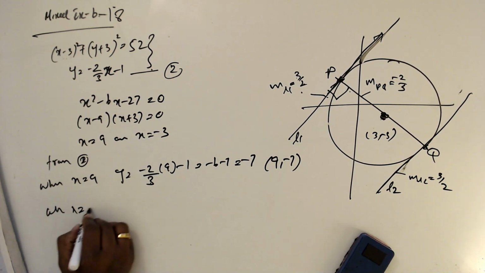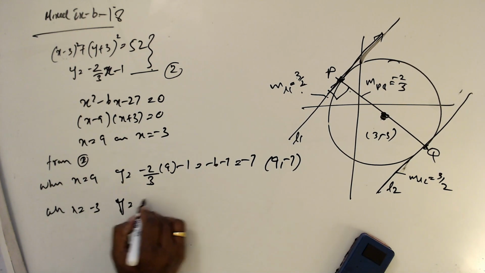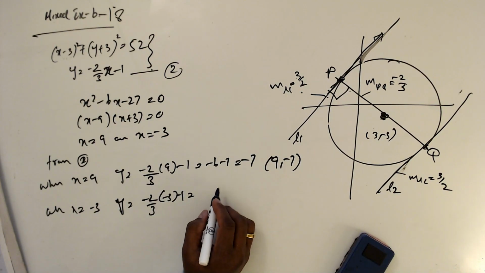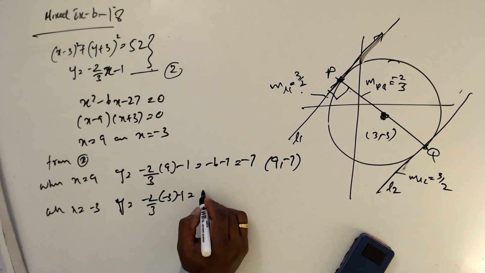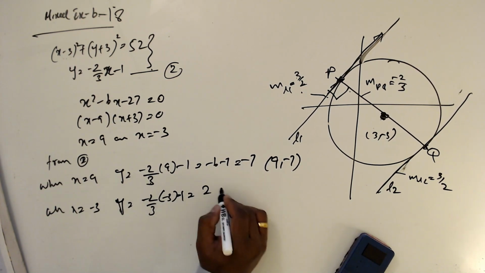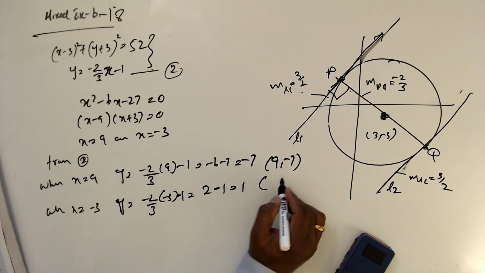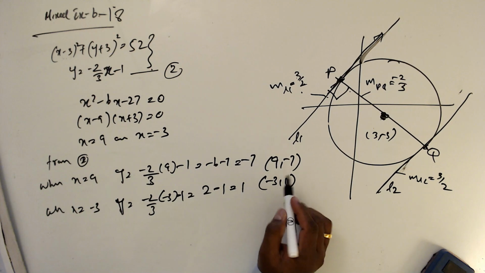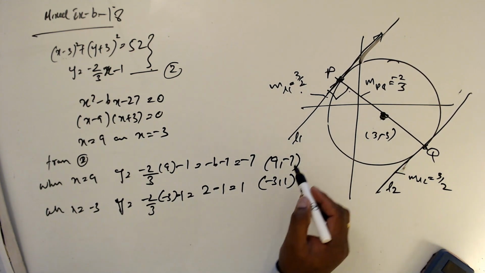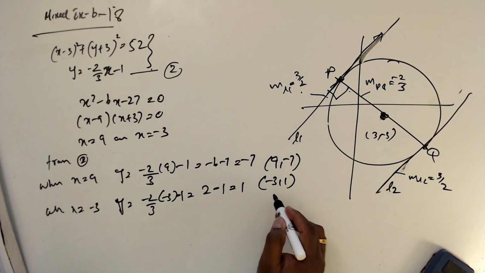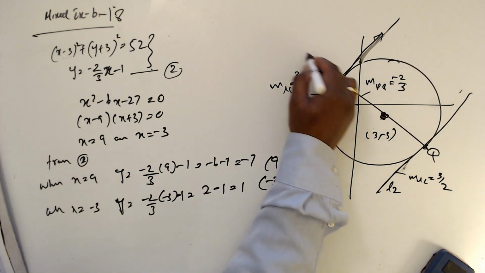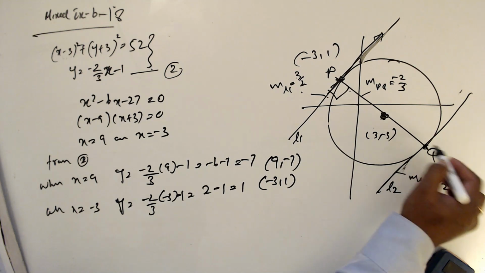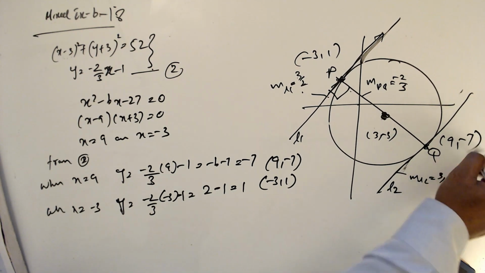When x equals minus 3, y equals minus 2 over 3 times minus 3 minus 1, which is 2 minus 1 equals 1. This is (minus 3, 1). Now, when you look at this picture, the x value is negative in here, so this is going to be (minus 3, 1). And the x value is positive here, (9, minus 7).